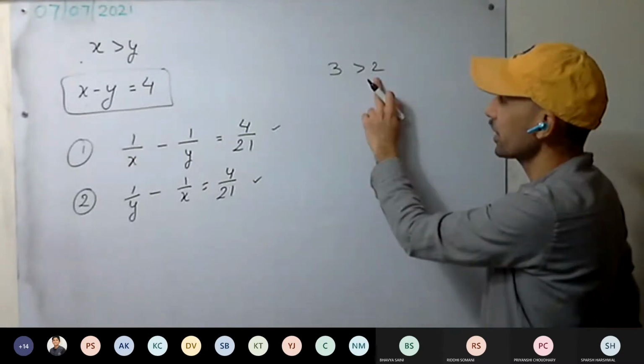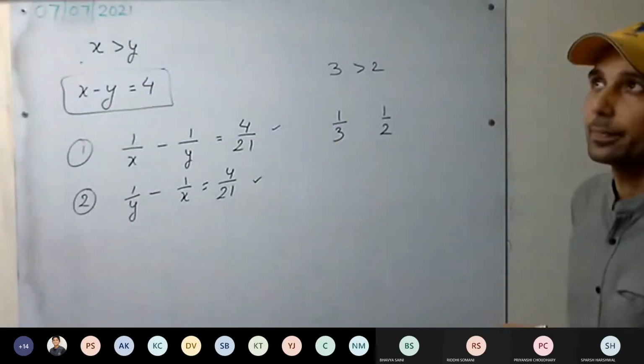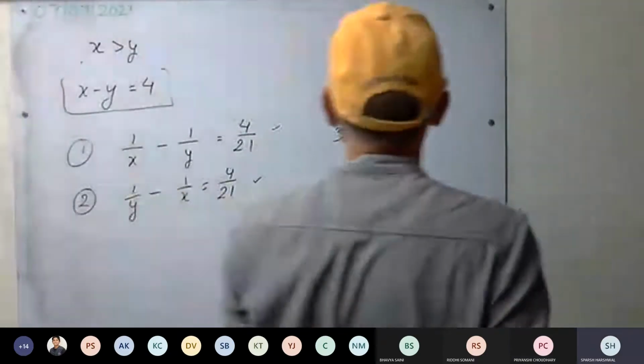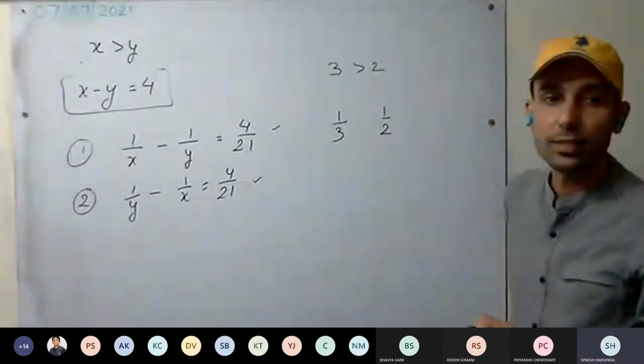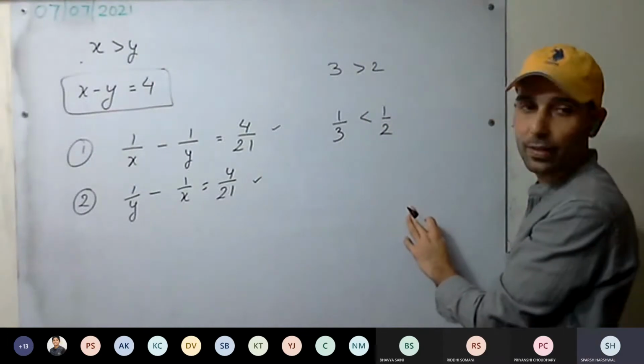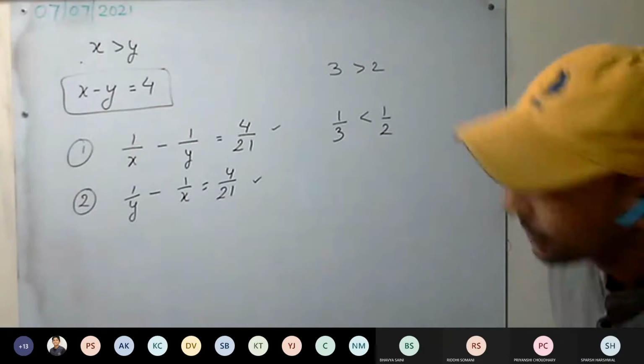If I take the reciprocals, which is greater? 1 by 2 is greater.